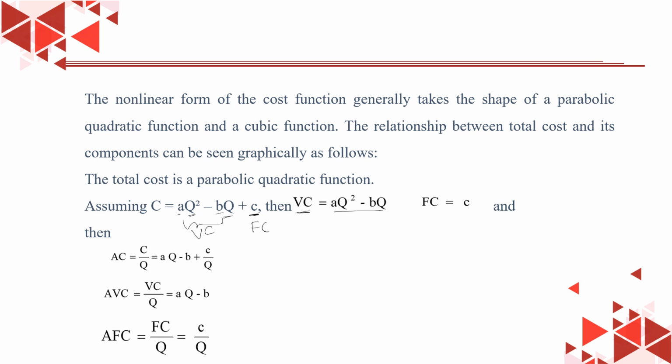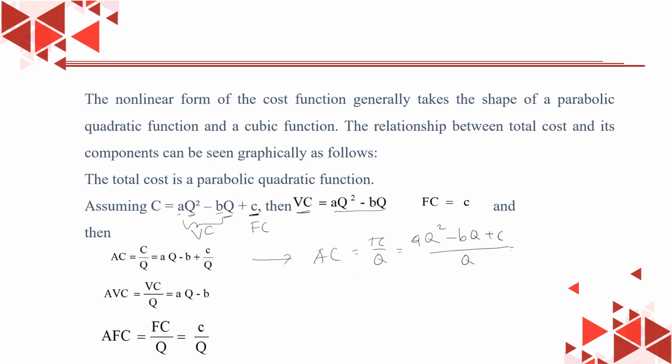So if the problem is asking about the average cost, then you just say that average cost here is total cost over q. So we have the total cost, aq quadrat minus bq plus c, over q.